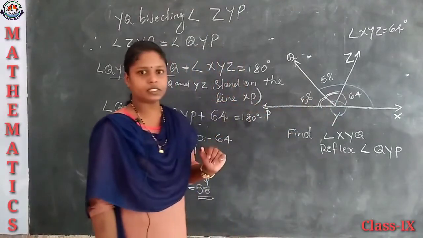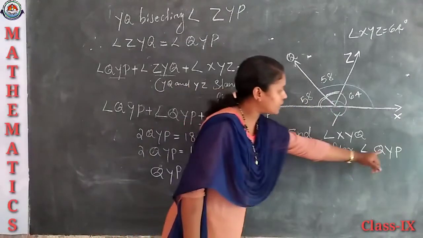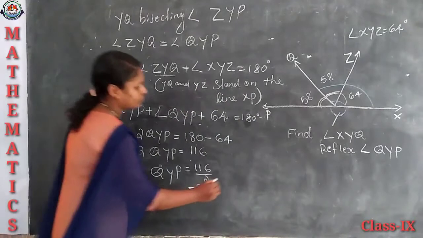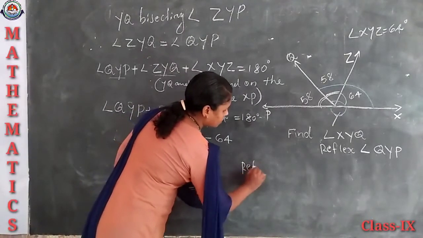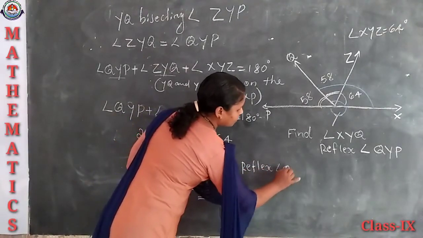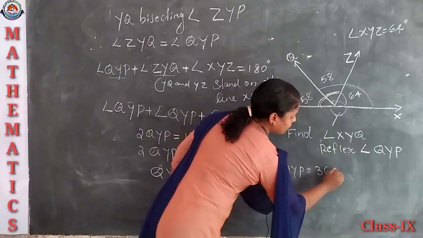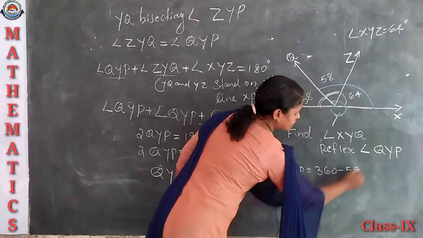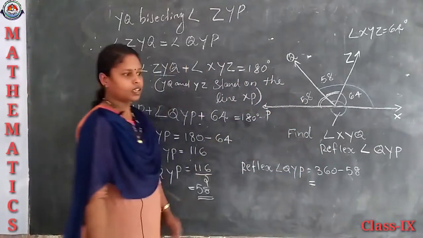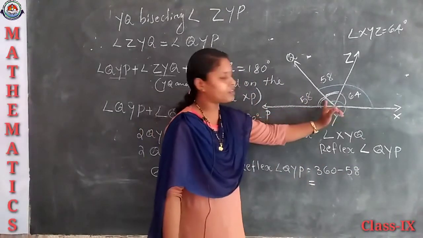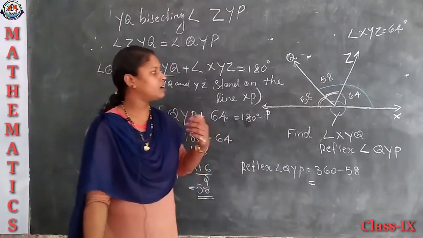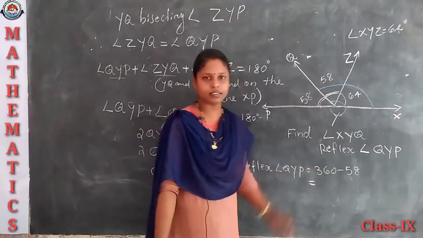QYP is 58 degrees. Therefore, its reflex angle QYP equals 360 minus 58. The sum of an angle plus its reflex angle is 360 degrees.